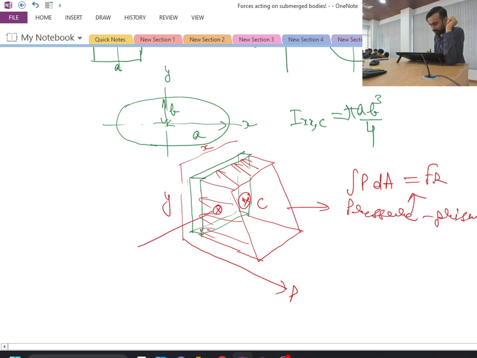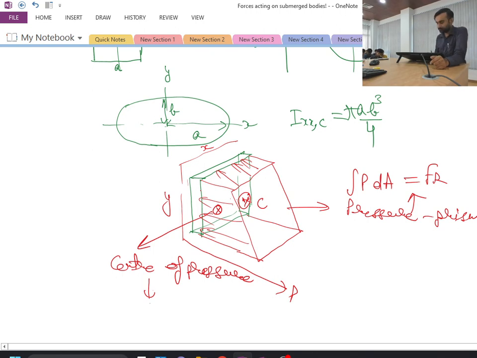This particular point is my center of pressure. And center of pressure is the line of action of the resultant force, or in terms of this graphical representation, the projection of the centroid of the pressure prism.